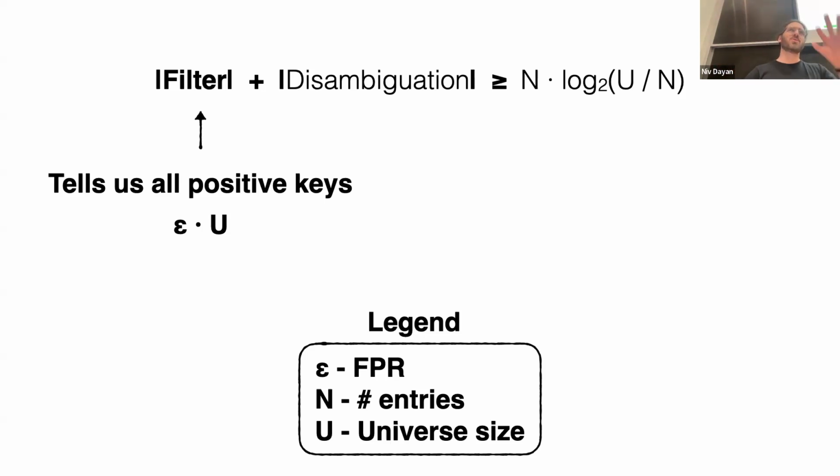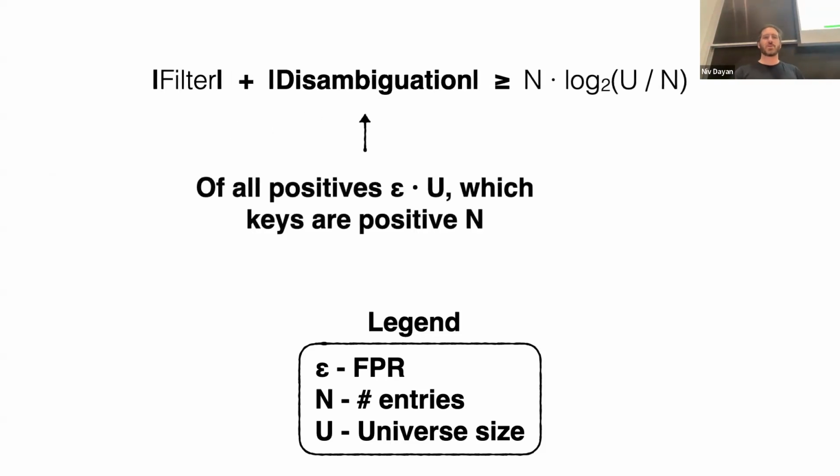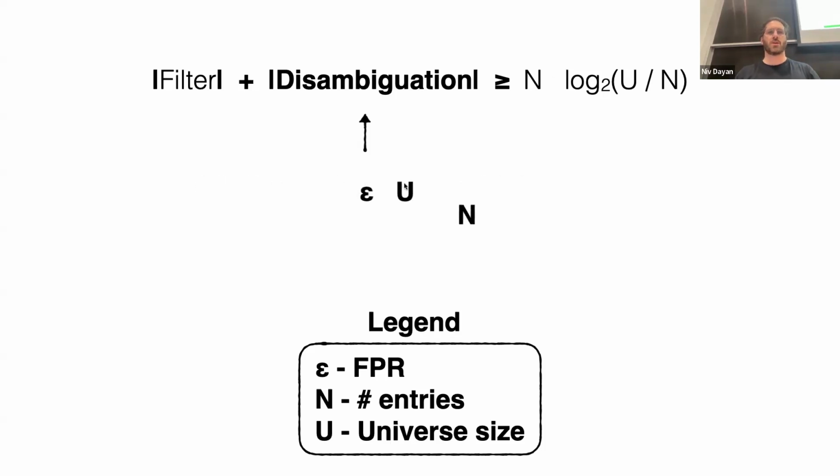Epsilon times u, close, but basically what we're doing now is creating an exact set that tells us, of the positives, which ones are the true positives. In some sense, I'm restricting the universe to just the positives. Tell me which ones are true out of this universe size.